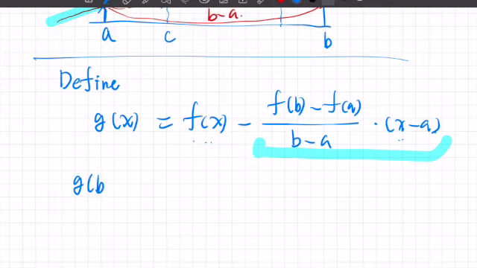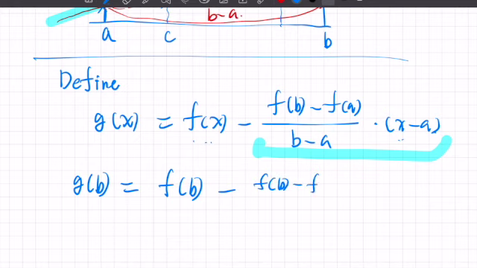So g of b is f of b minus (f of b minus f of a over b minus a) times (b minus a).